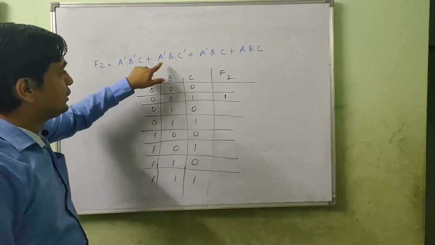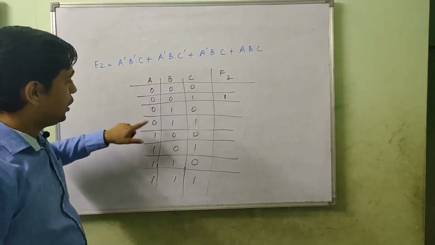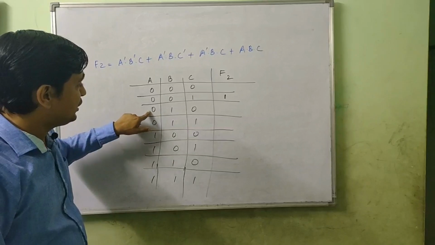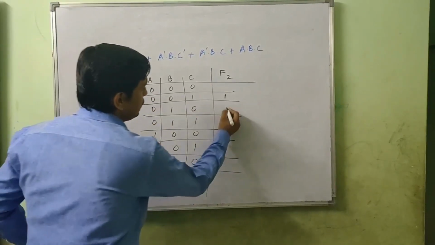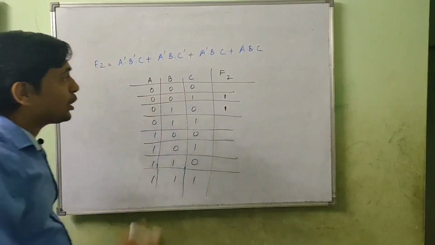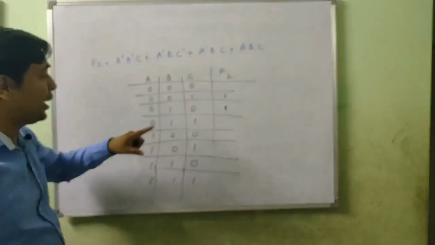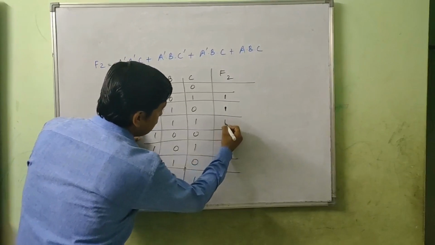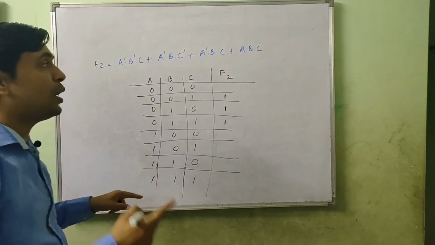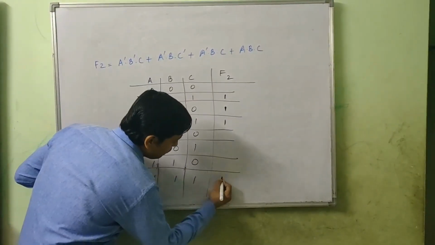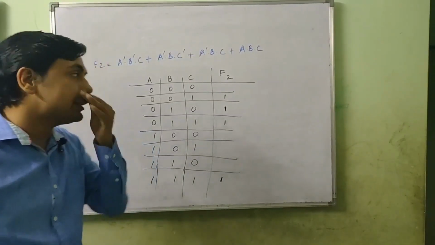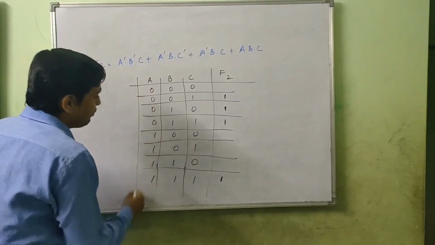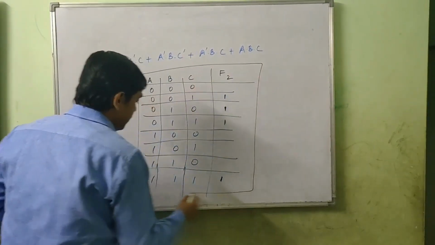The second one is 0 1 0, A complement, B, C complement. The next one is A complement B C, 0 1 1, so this one. And the next one is 1 1 1, so this one. So these are your min terms given according to the Boolean expression which you have made in your truth table.